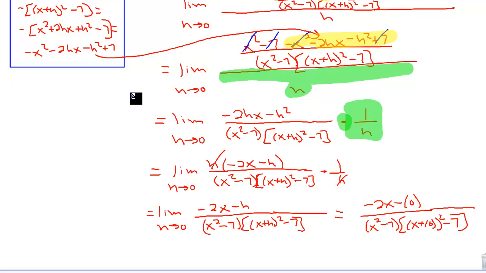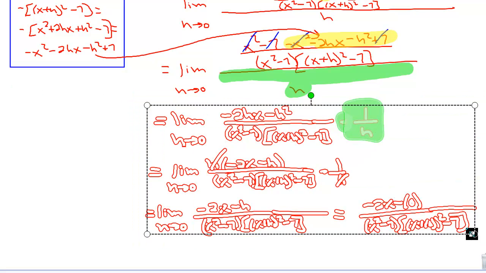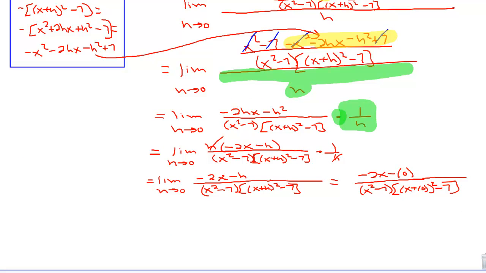And I am running out of space yet again. So we have in our numerator negative 2x, in our denominator an x squared minus 7 and an x squared minus 7.